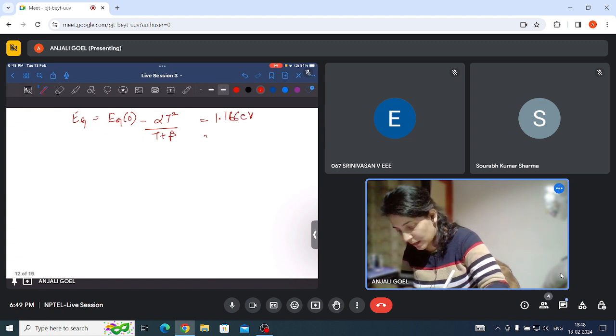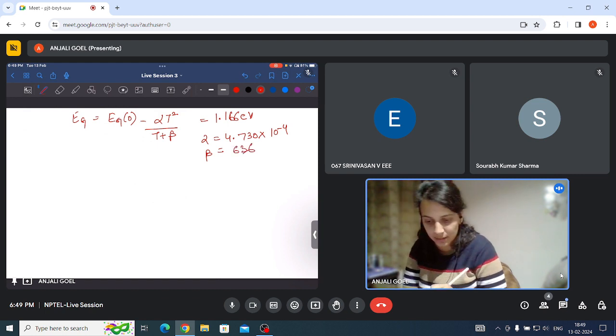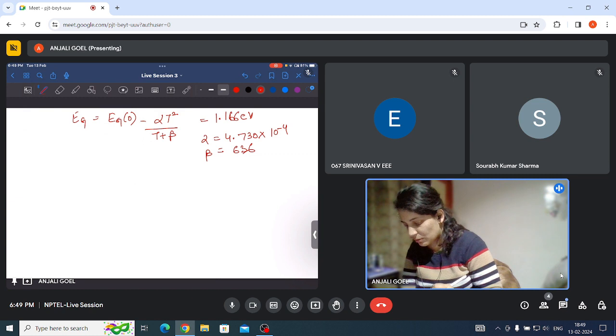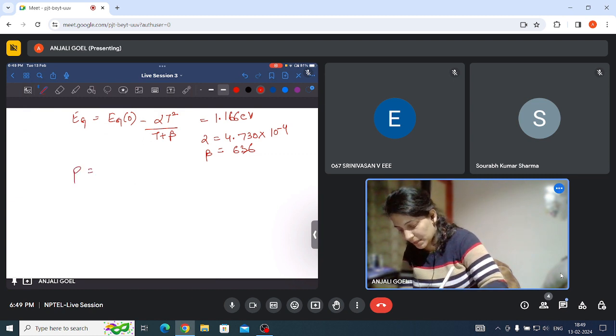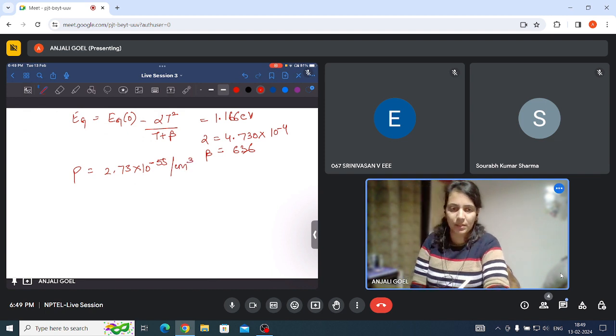Alpha is 4.730 into 10 raised to power minus 4, and beta is 636. So after you solve, you get P is equals to 2.73 into 10 raised to power minus 55 per centimeter cube.